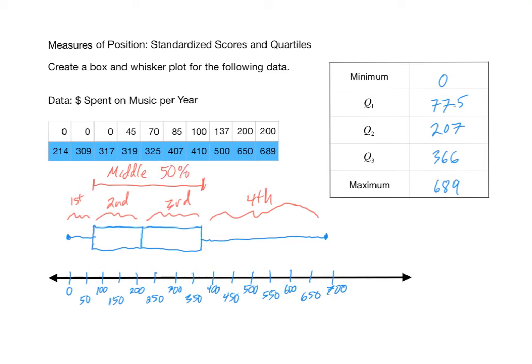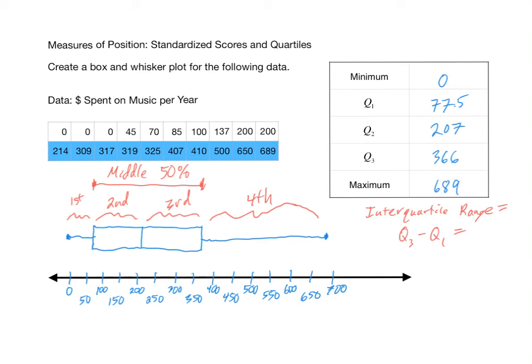Now, that middle 50% is so important that people have even defined a range that tells you the difference between this point and this point. It's called the interquartile range. And the interquartile range is precisely Q3 minus Q1. In general, that's the interquartile range.